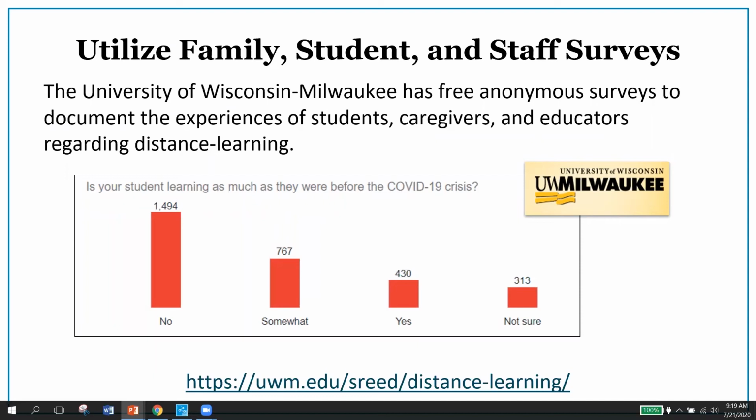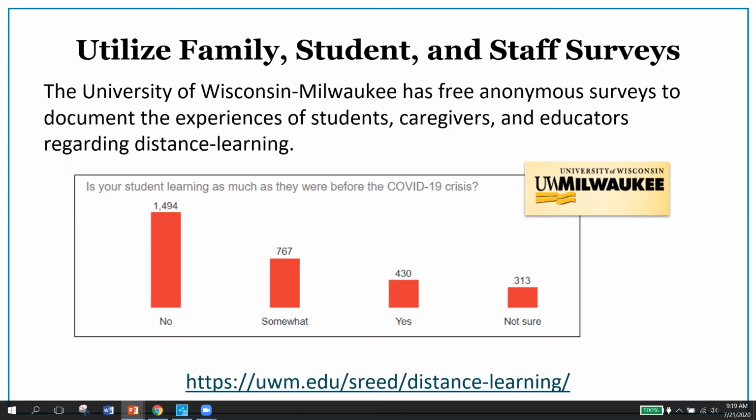The University of Wisconsin-Milwaukee's Department of Socially Responsible Evaluation in Education has created surveys that districts and schools can use to measure student, educator, and family perceptions of distance and remote learning that they experienced at the end of the 2019-2020 school year.